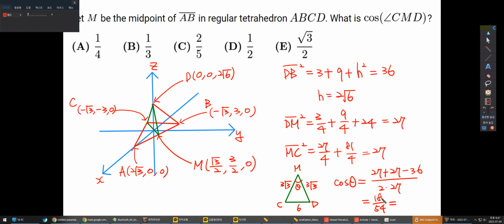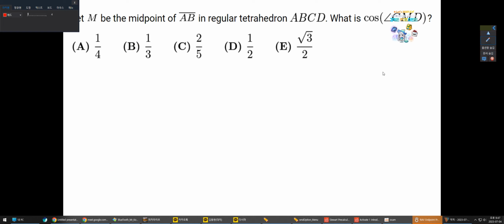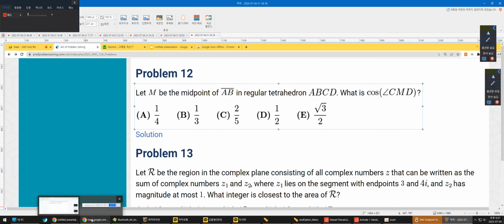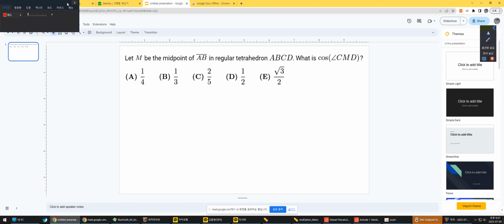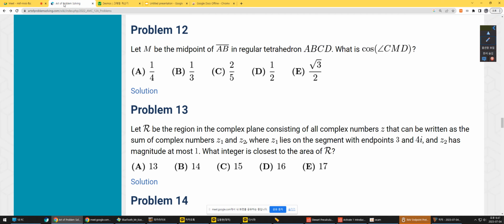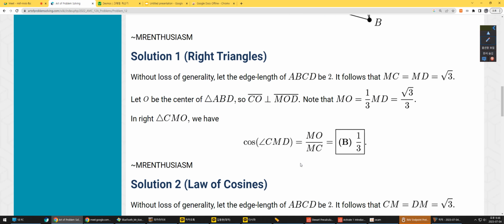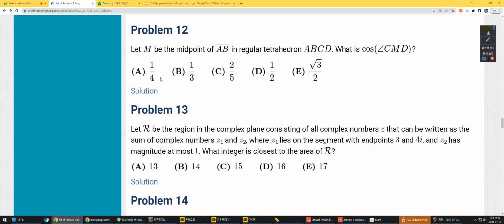I can. Yes, simplify this. Yep, 1/3. Yep.